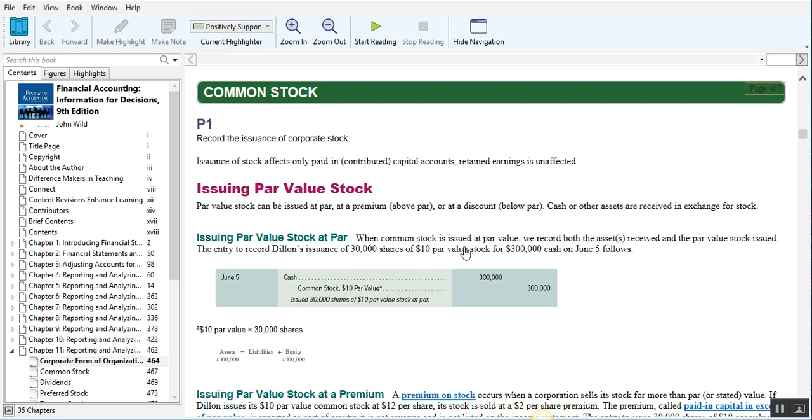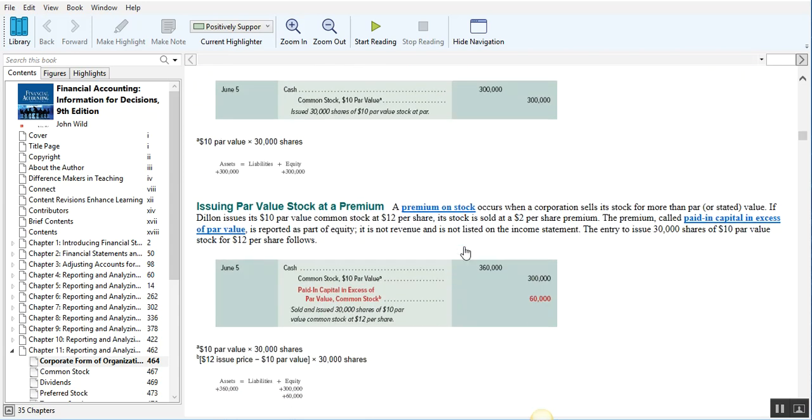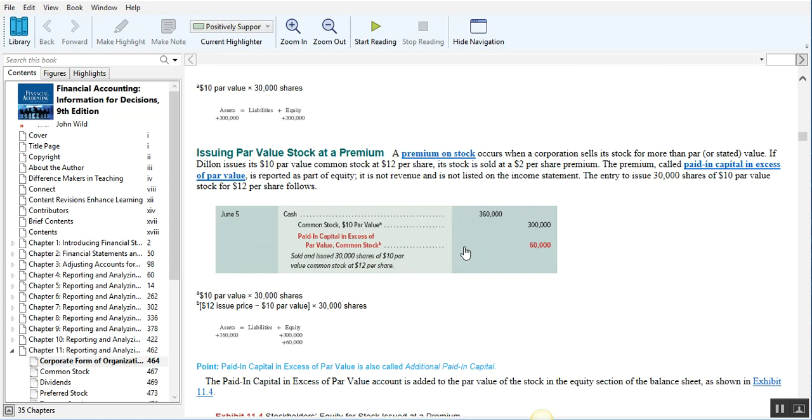If you issue par value stock at par value, it's a very straightforward transaction. You debit cash for the amount of the sale of the stock, and then you credit common stock, whatever that value is. And then if you issue that stock and you receive more money than par value, which is typically what happens, you're going to record the amount of cash you receive for the shares of stock that you sold.